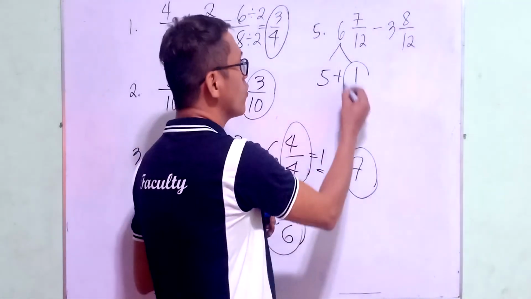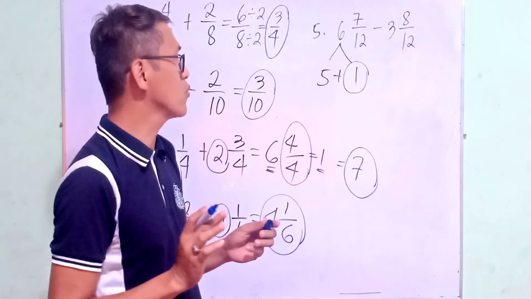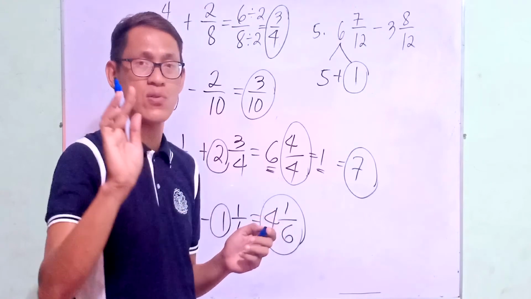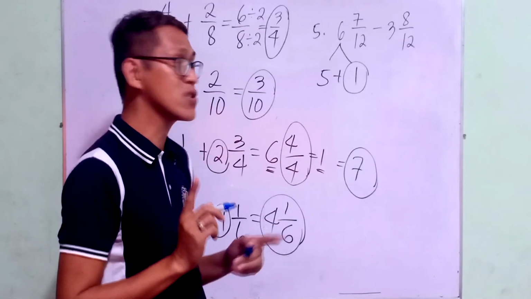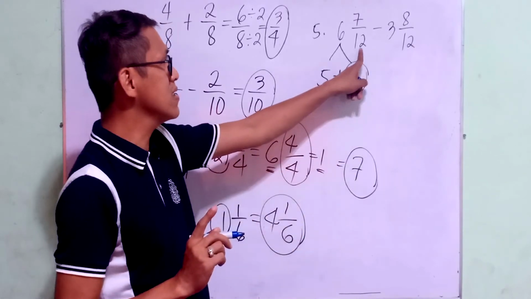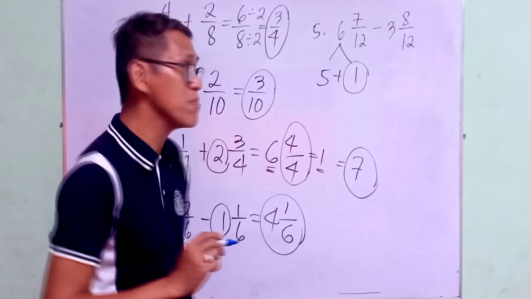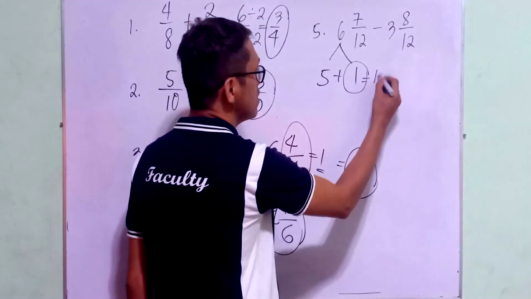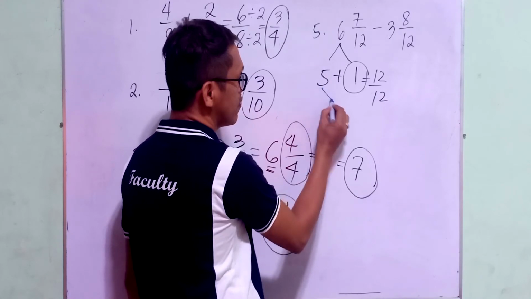Then what will you do with 1? Change it to a fraction. But what fraction will you use for 1? Because you can use 2 over 2, 3 over 3, 4 over 4. Yes, you use 12 over 12, since the denominators here are 12, to make them similar. So 1 here must be 12 over 12. So you have 5.